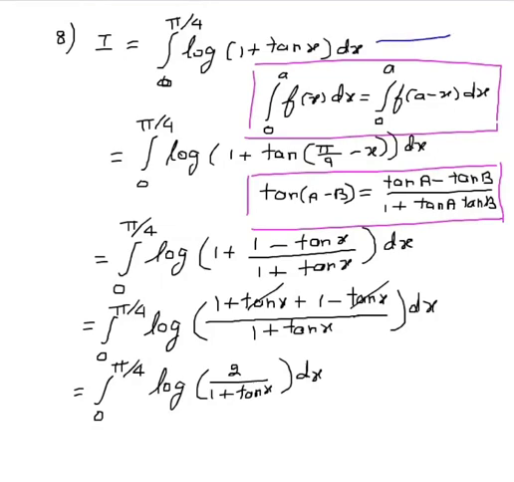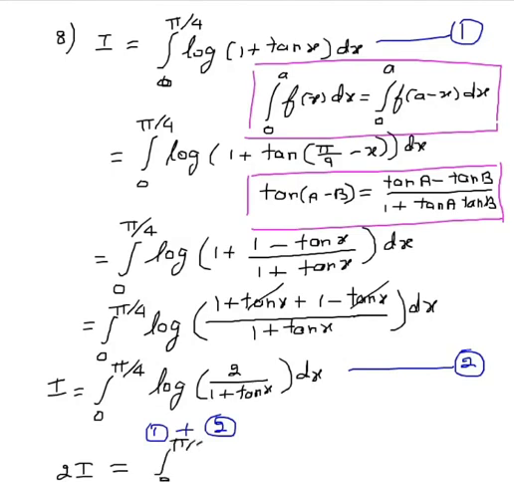We will take the given integral as 1, this as 2. We will add them. The left hand side becomes I plus I, 2I, is equal to integral 0 to pi by 4 of log of 1 plus tan x plus log of 2 divided by 1 plus tan x dx.